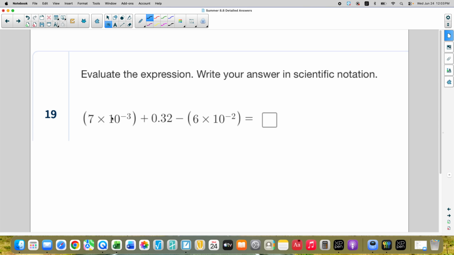So we can turn this into 3.2 times 10 to the -1, because we moved it one place, but these have different exponents.